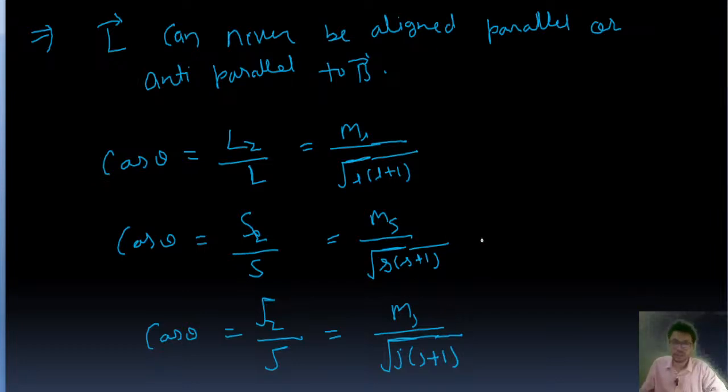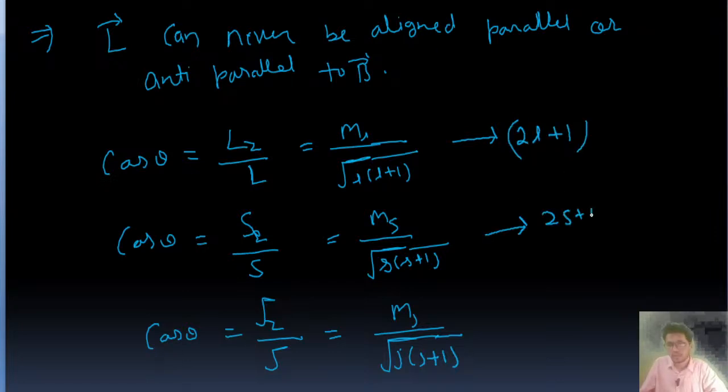So the number of orientations for this is 2l plus 1, for this 2s plus 1, and for this 2j plus 1. Okay.